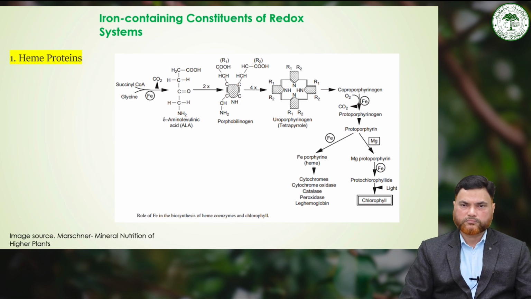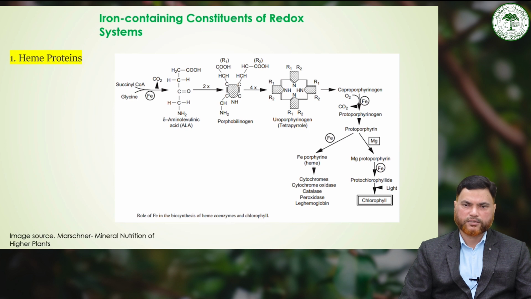What are the prominent heme proteins that are present in plants? The prominent heme proteins are the cytochromes, which contain an iron porphyrin complex as their prosthetic group, as you see in the figure.